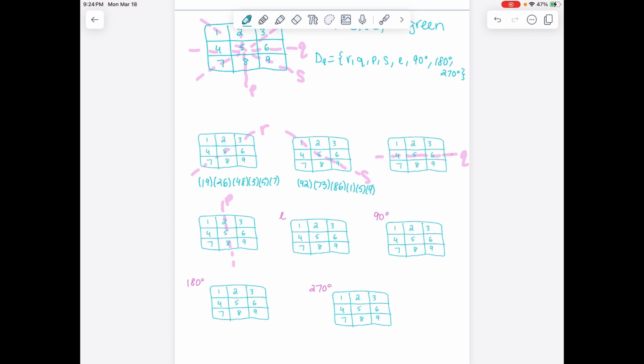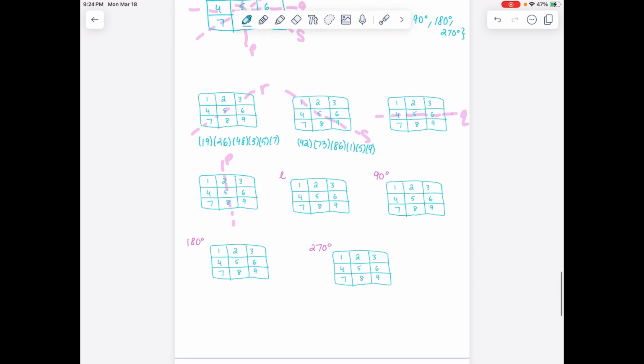And we're actually going to get the same structure for each of the reflections. 1 to 7, 7 to 1, 2 and 8, 3 and 9, and then 4, 5, 6.